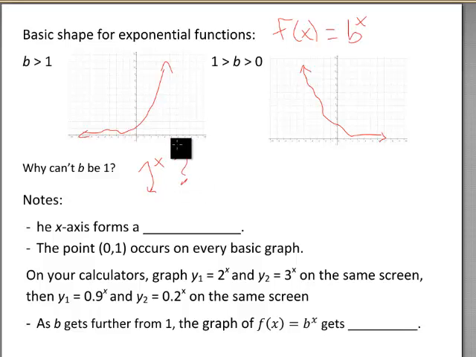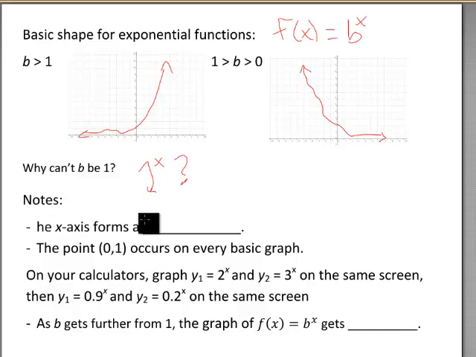So from here, though, let's think about what's going on at the x-axis. Notice if b is bigger than 1, as you move to the left, despite how I've drawn it, things get closer to that axis. And if b is less than 1, it also flattens out and gets closer to the axis here.